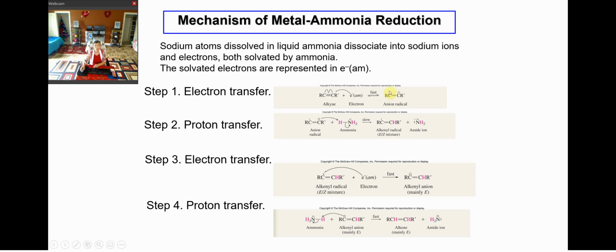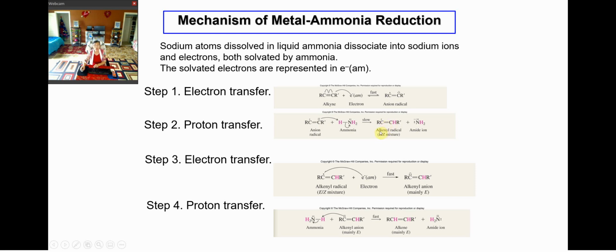This negatively charged radical obviously is not stable. The anion radical is going to undergo proton transfer. The negatively charged carbon is going to be attracted to your hydrogen, which is from your ammonia. The nitrogen bonded hydrogen will be attracted by this negatively charged carbon to form another radical.